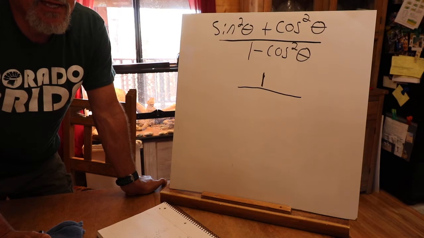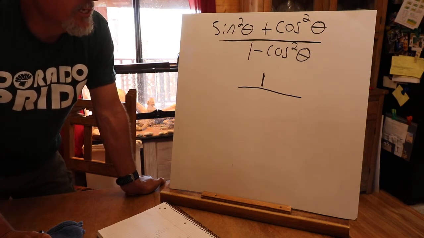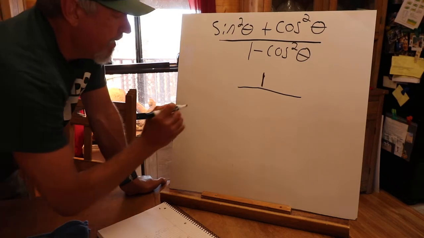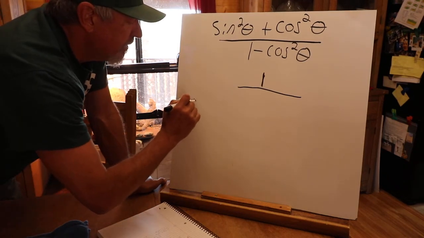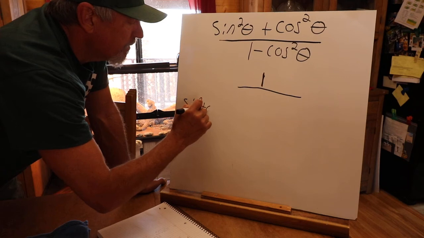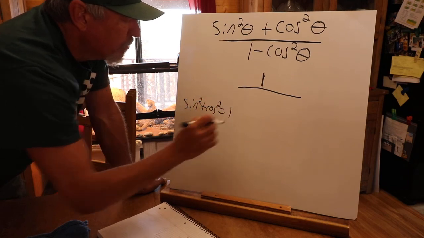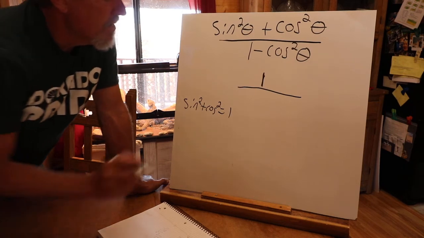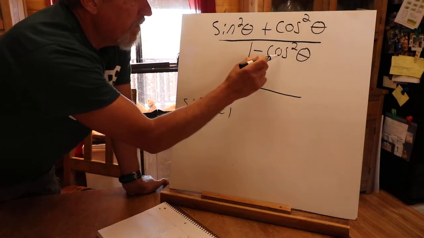I can rewrite that. 1 minus cosine squared is the same as sine squared. And I'll show you the step again. So I have sine squared plus cosine squared equals 1. That's their basic identity. It's called the Pythagorean identity. This is 1 minus cosine squared.